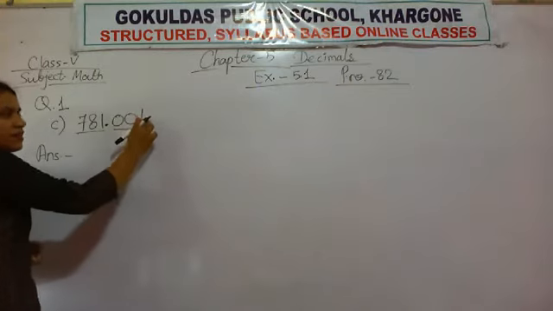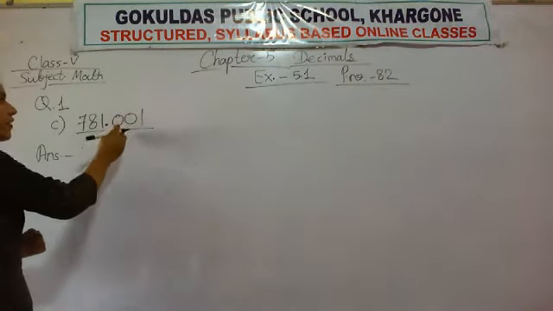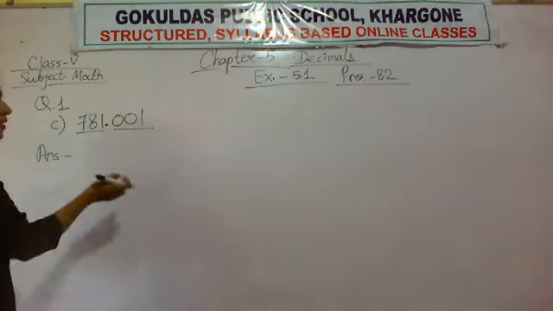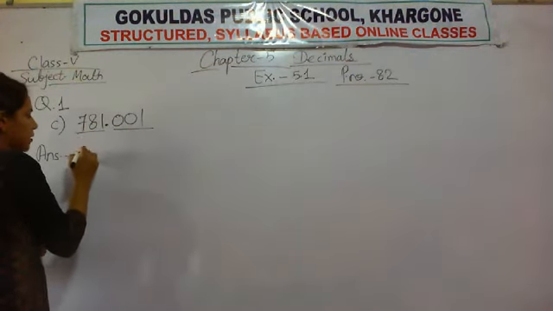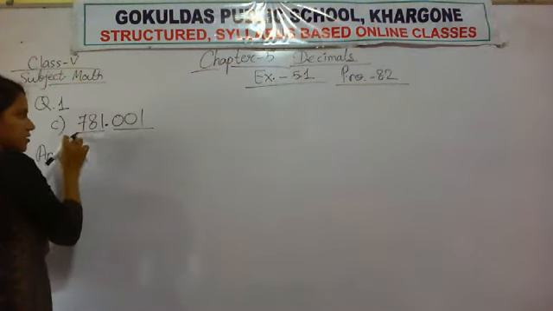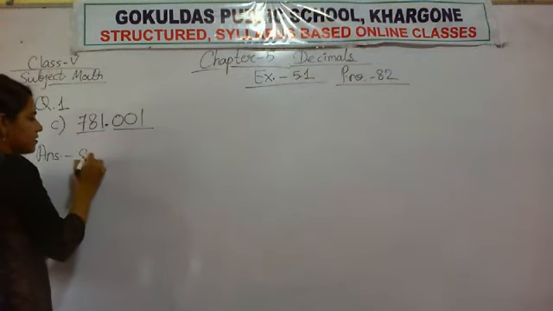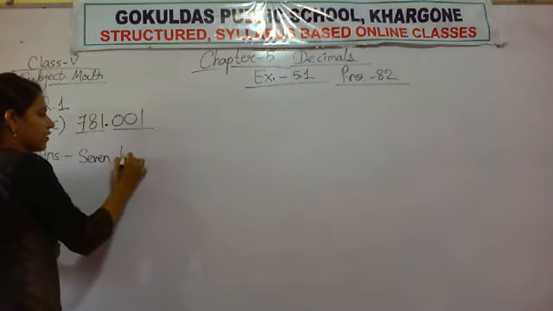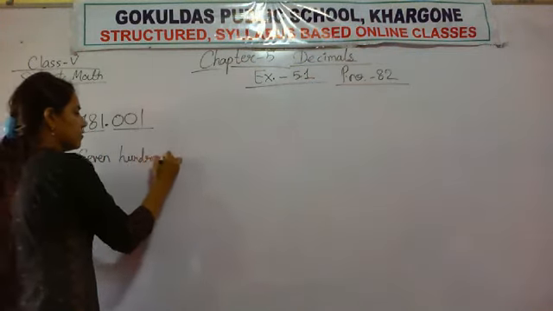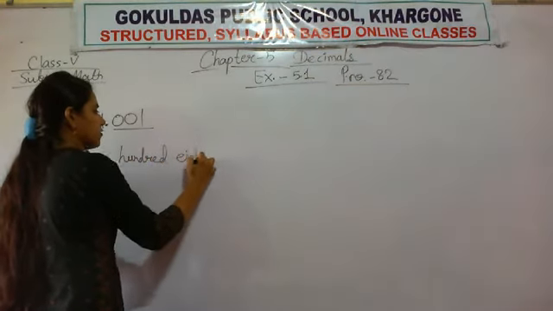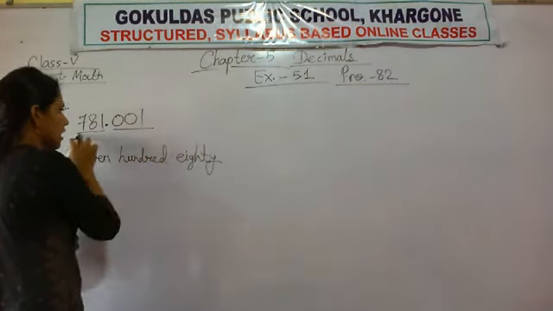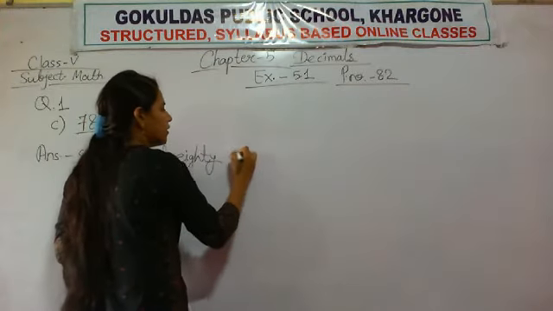And 001 is written in the decimal part, so we will read it separately. The whole number we read together, that is 781.